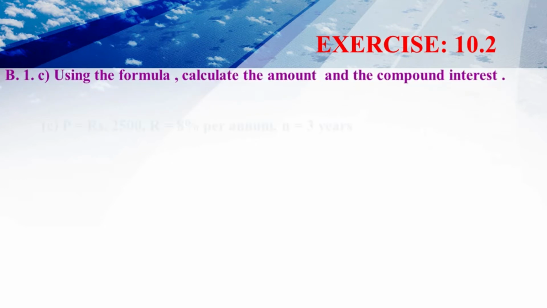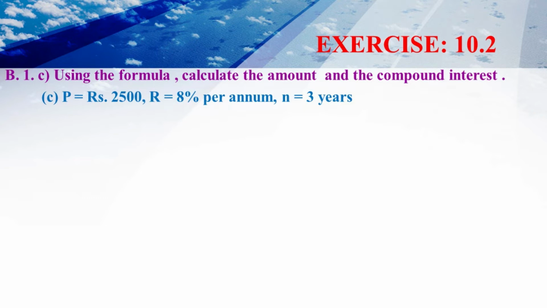So, we solve the same question by another method and determine a formula. P is rupees 2500, R is 8% per annum, and n is 3 years. First, we should find the amount. The formula for amount: A is equal to P into (1 plus R by 100) to the power n.